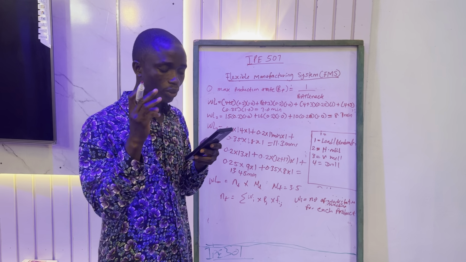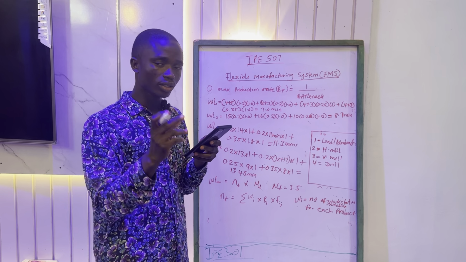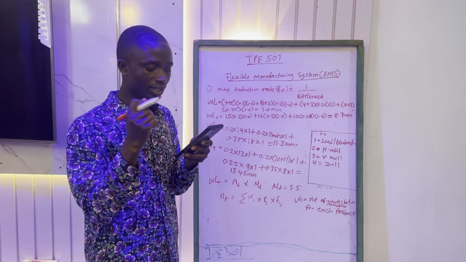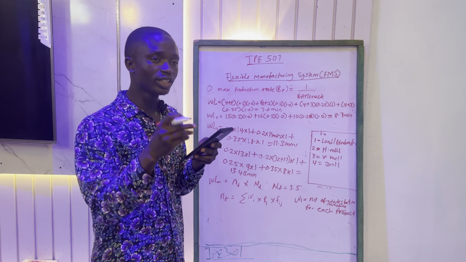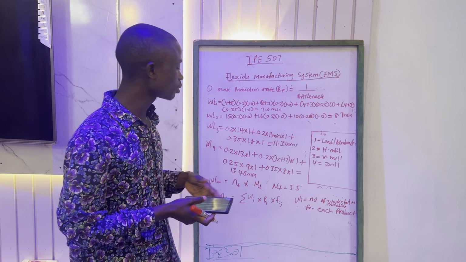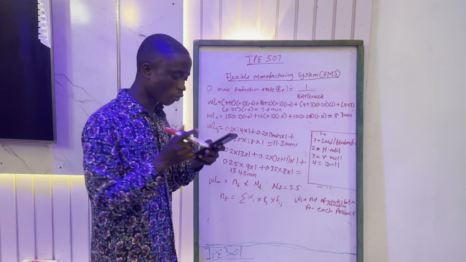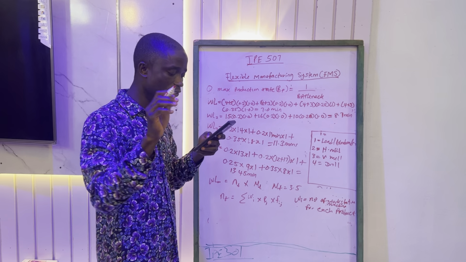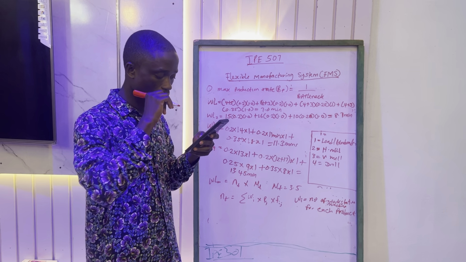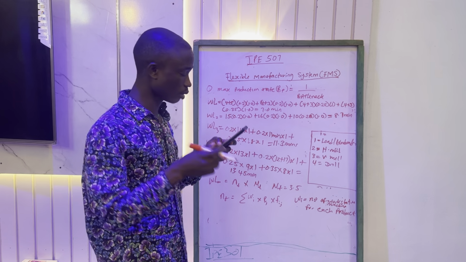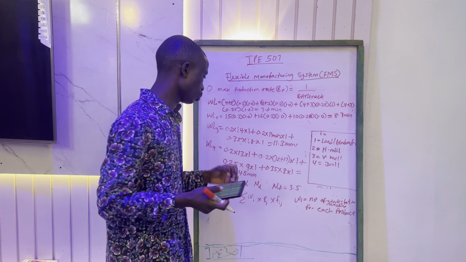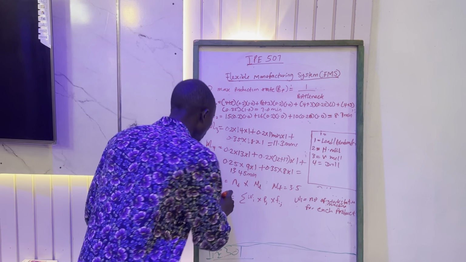For product B, we have load and unload, that is 1, drill, that is 2, hmin, that is 3, vmin, that is 4, drill, that is 5. We need to count that drill again, because it is a workstation. So for product B, we have 5 workstations that work on it. We use that to calculate the nt now.